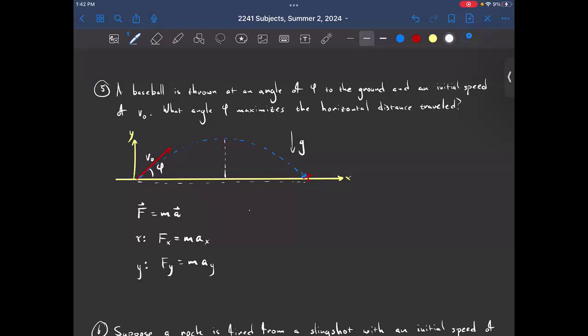So we have Fy equals m times minus g, or just minus mg. Okay. And now what we can do is note that we have no acceleration in the x direction, and do some integration, so some vector integration like we've done already.